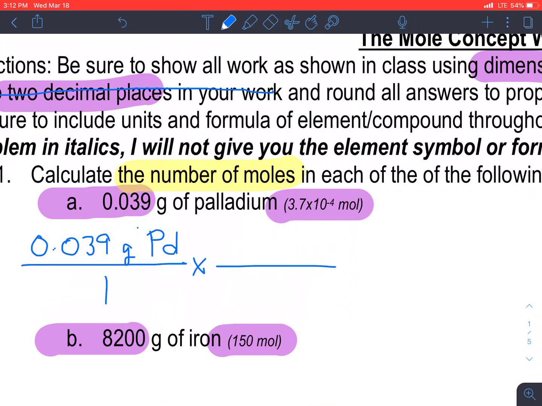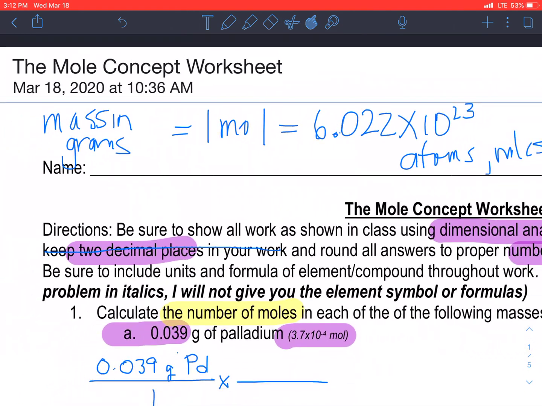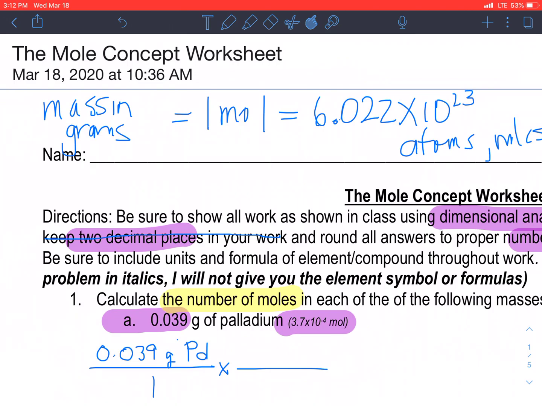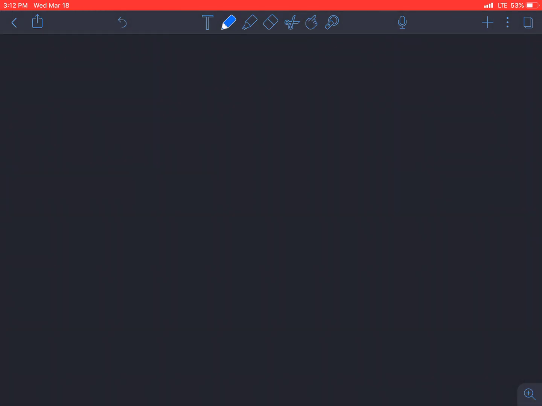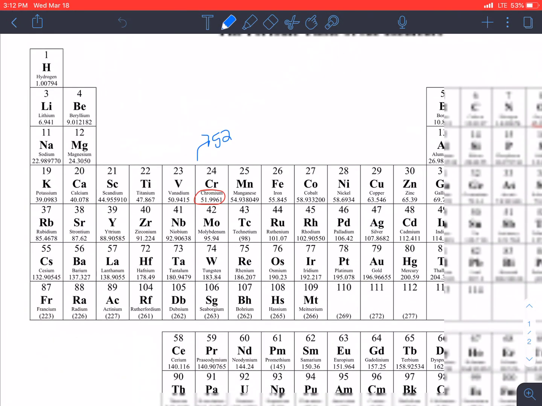And then we're going to line our units up. Because of our conversion factor that we talked about earlier, 1 mole is equal to the mass in grams, we can go straight from grams to moles. So line your units up. Remember, whatever unit's on top, we put on bottom so that those units cancel. 1 mole of palladium. We go back to our periodic table and find palladium.